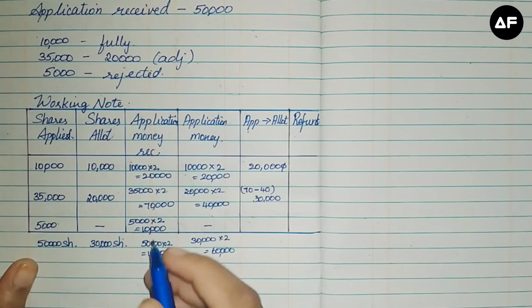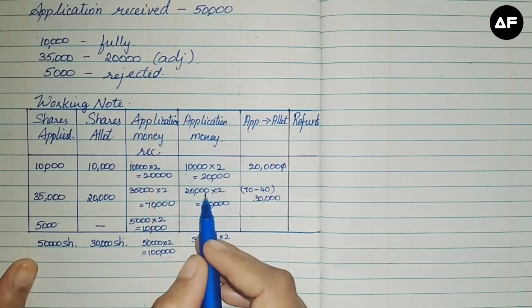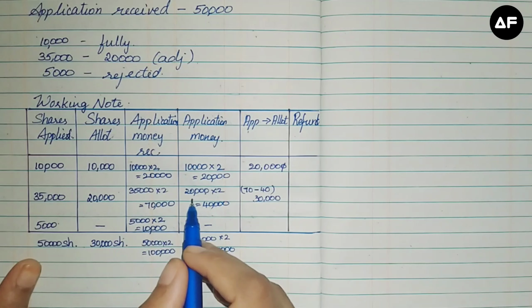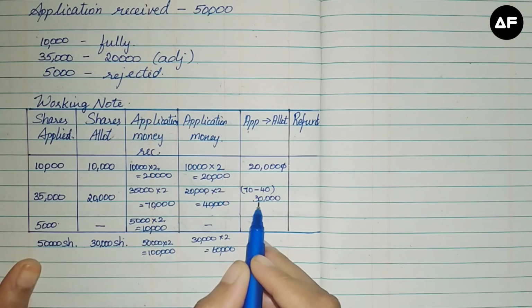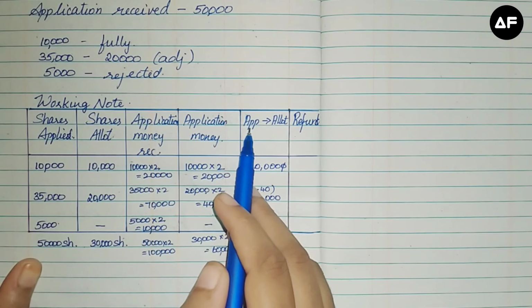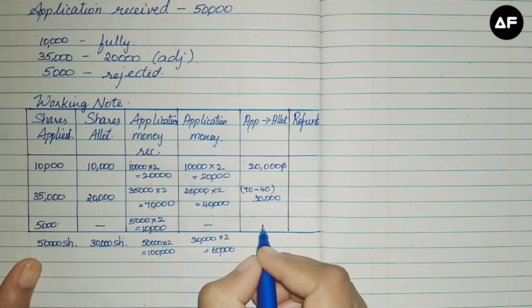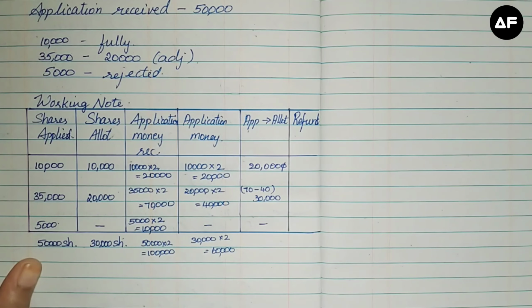If you look at it the other way also, 35,000 shares minus 20,000 shares will give you 15,000 shares. So 15,000 into 2 will also be 30,000. So this is the actual adjustment, that is the application money which is adjusted towards the allotment. And now the 5,000 shares are totally rejected, so that doesn't come into the scene.